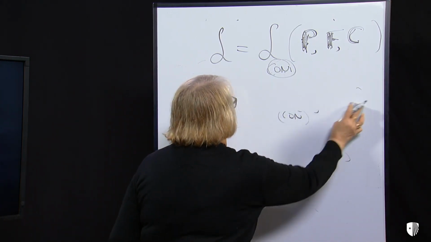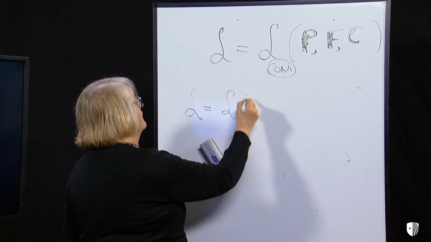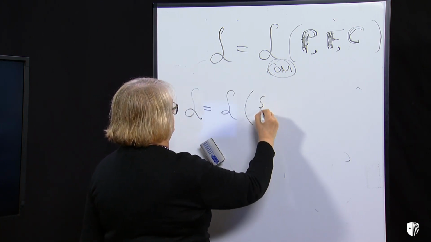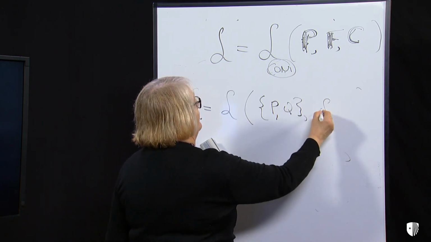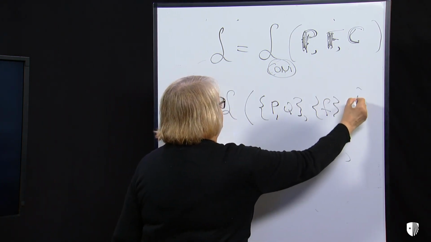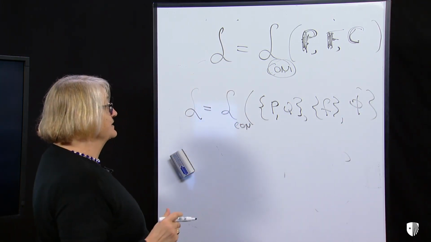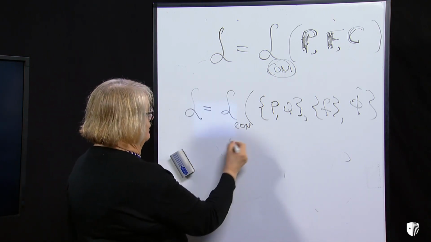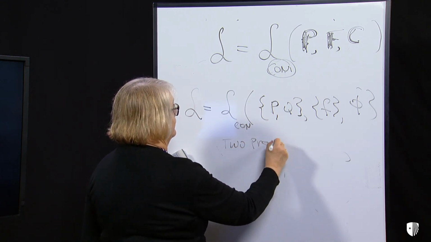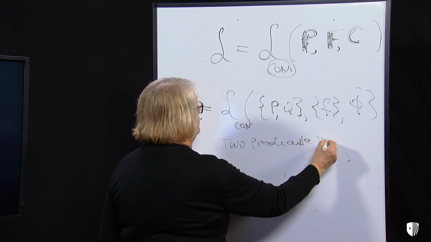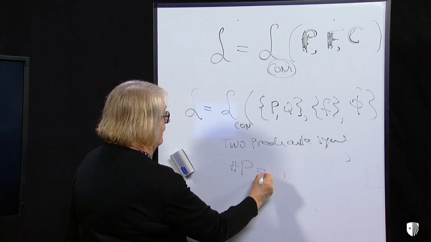So for example, we can write L equal to a language with predicates P, Q, F, and C empty, and whatever the connectives are, they are propositional connectives. It means this language has two predicate symbols. And we have to say how many arguments each has, the arity.